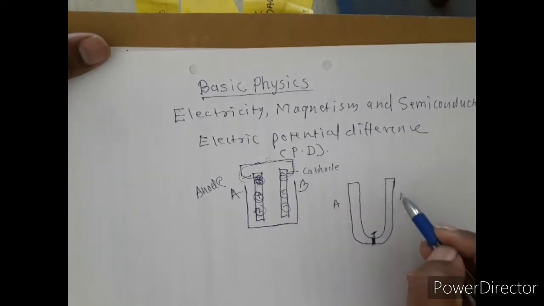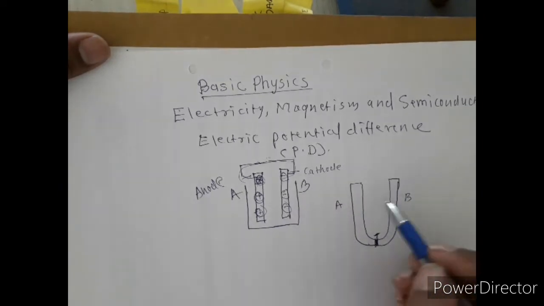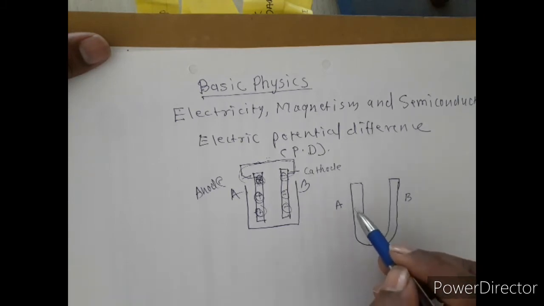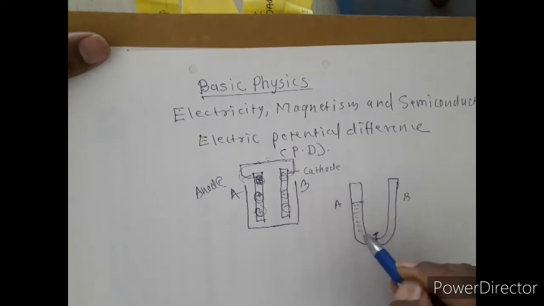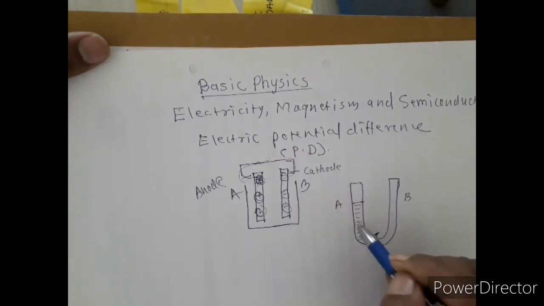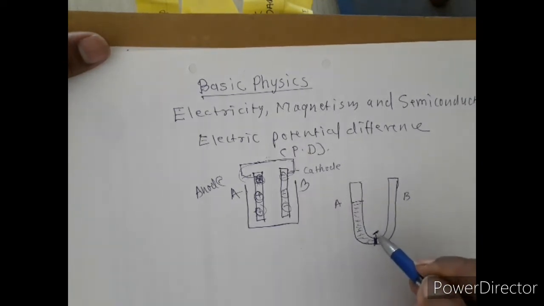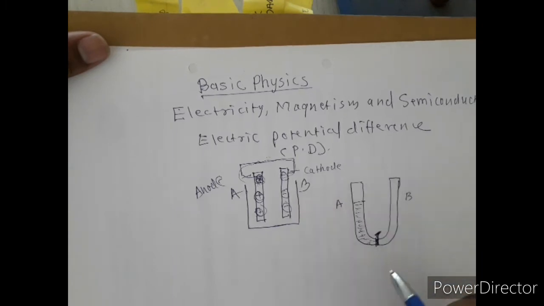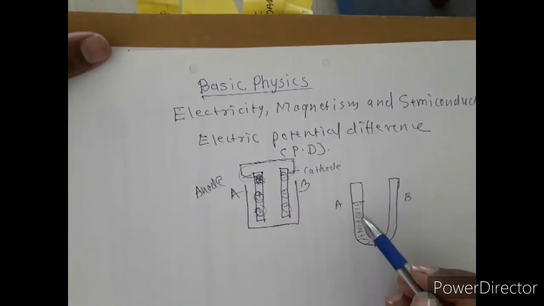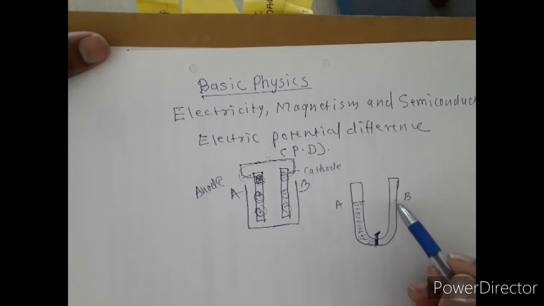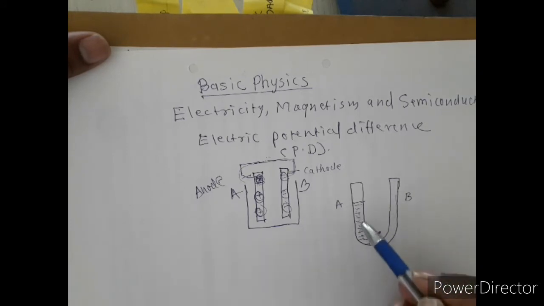This is side A and this is side B, and this glass U-shaped tube is filled with water. Side A is filled with water and this tap is closed. So water will try to move towards side B, but it cannot move because the tap is there.